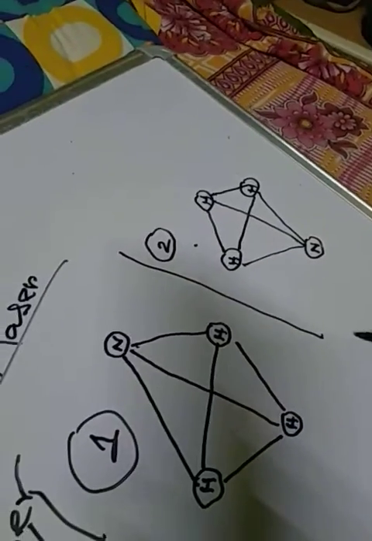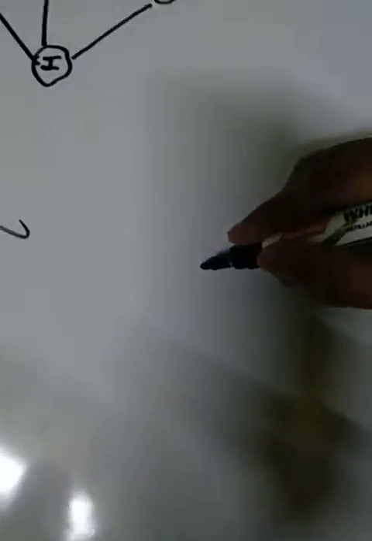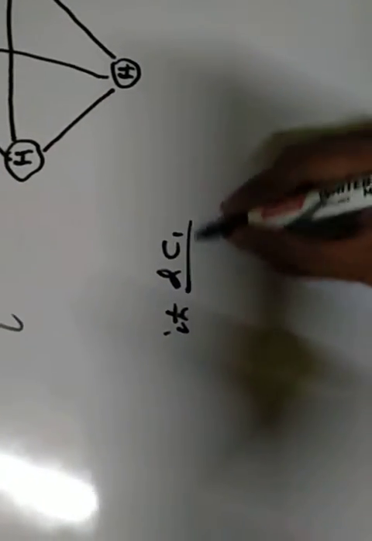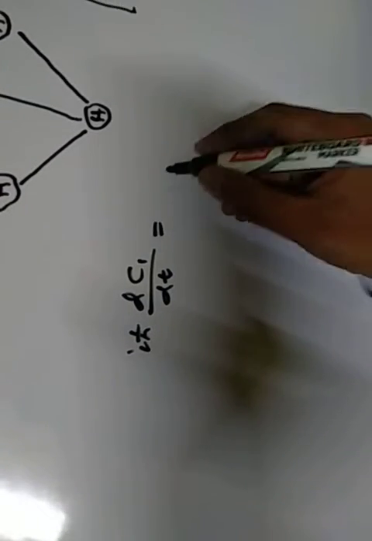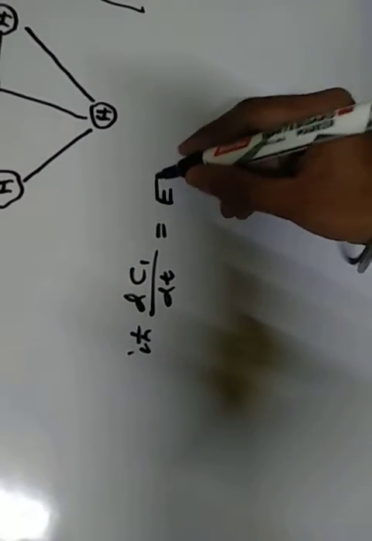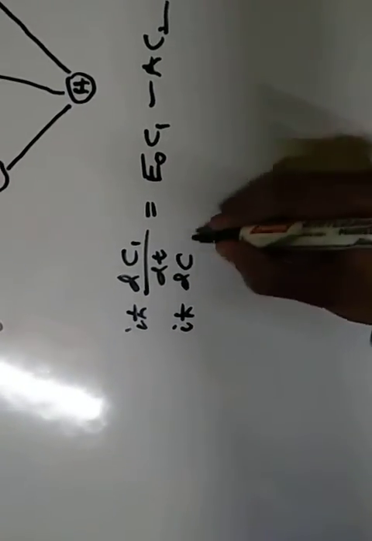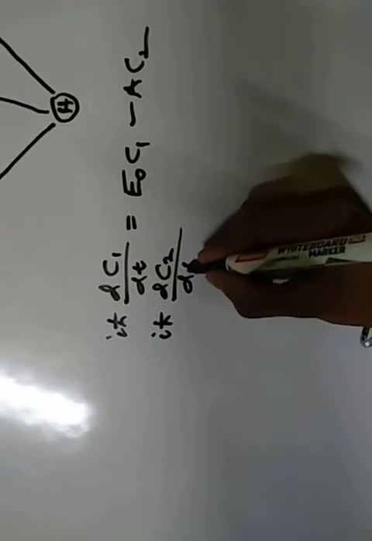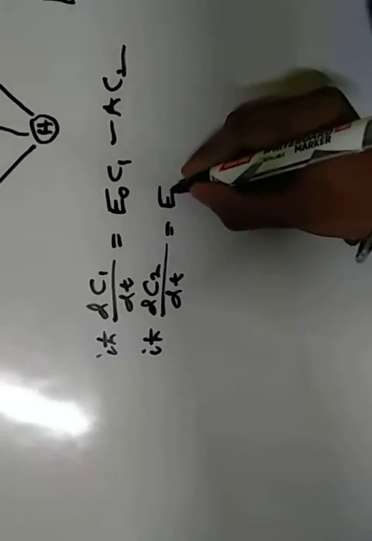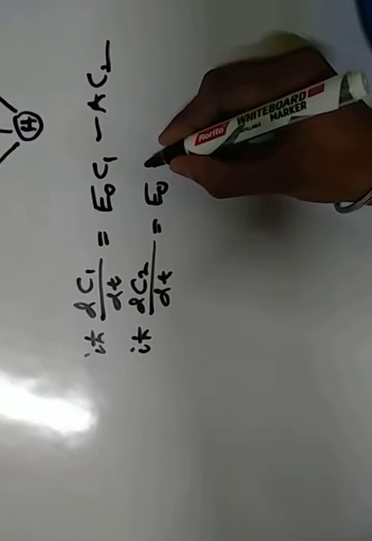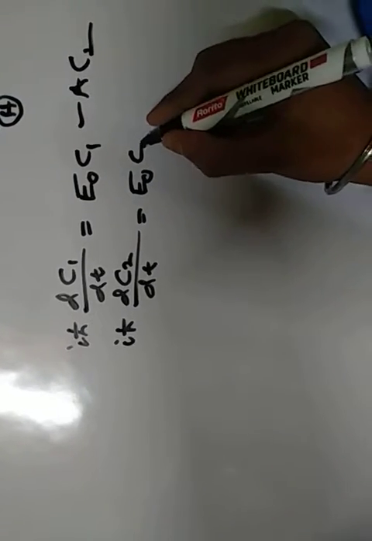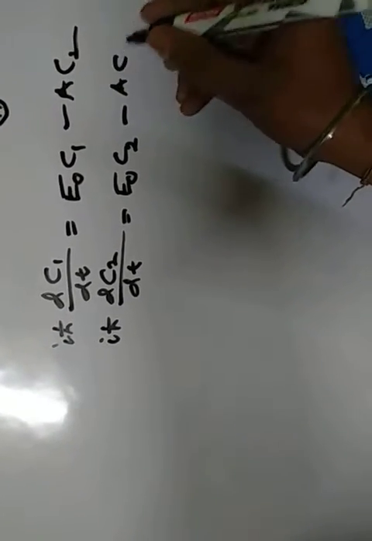Okay, now what we have written previously is something like this: iħ dC1/dt equals E0 C1 minus A C2, and iħ dC2/dt equals E0 C2 minus A C1.